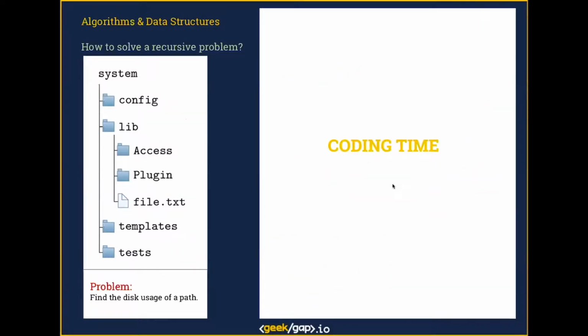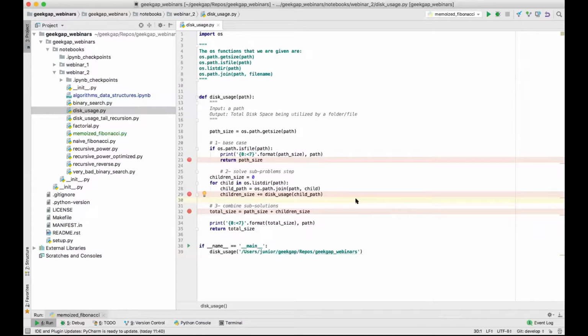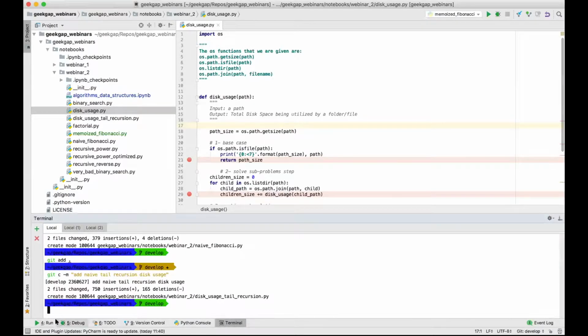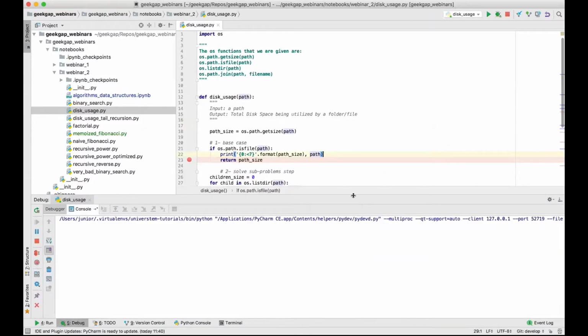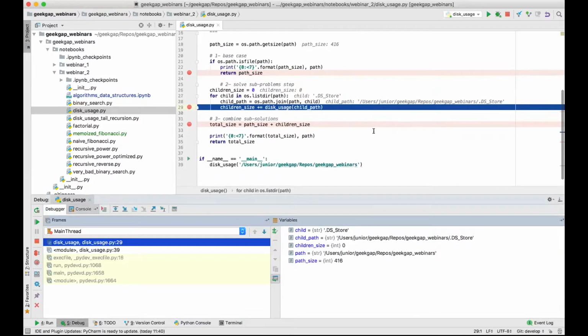So first of all, let's move to a demo. I'm going to show you how we can implement this. Great. So this is the disk usage function that I wrote here, and we're going to follow these steps using the debugger, in order for us to understand what is actually happening.